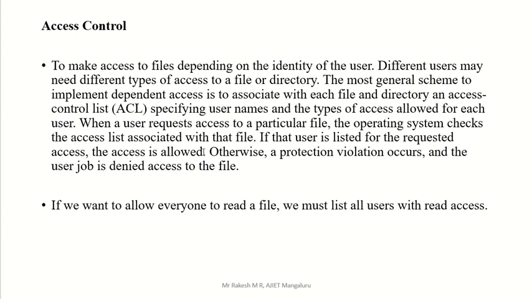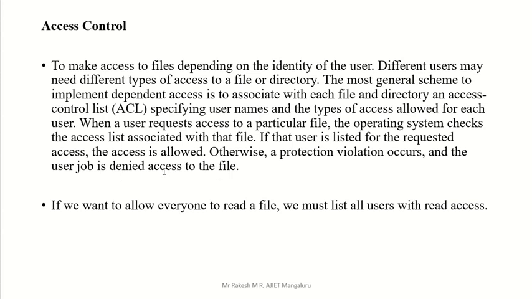In the ACL we save the username and type of access. If the type of access is given to the user, then that is success. After checking, if it is true that access is given to the user, your file will open. Otherwise, a protection violation occurs and the user's job is denied access to the file.